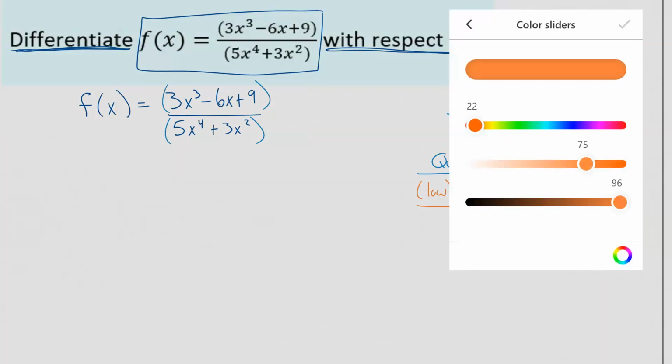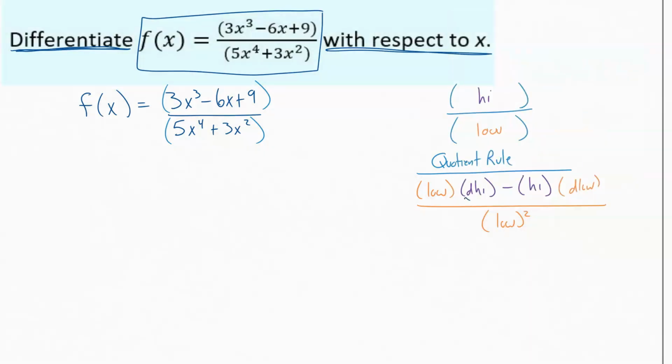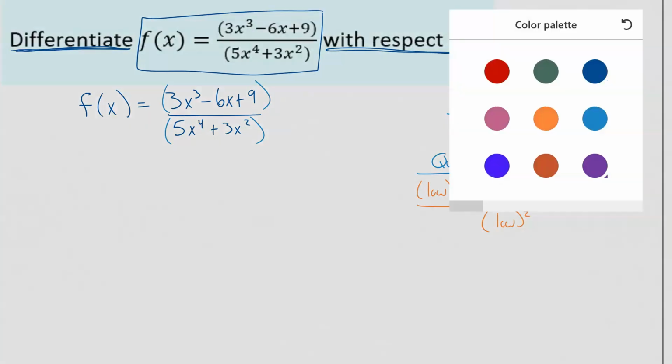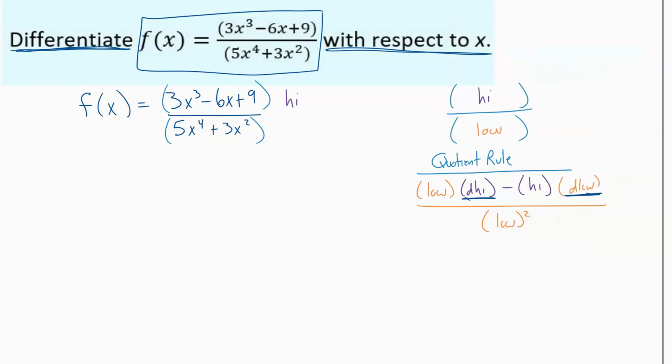So low d high minus high d low, all over low squared. And when I talk about the d high and the d low, that's just my way of saying the derivative of that chunk. So to apply that to our specific situation, I just break these problems out into bite-sized little chunks. I've got my high piece up top here, so the high piece is 3x cubed minus 6x plus 9.